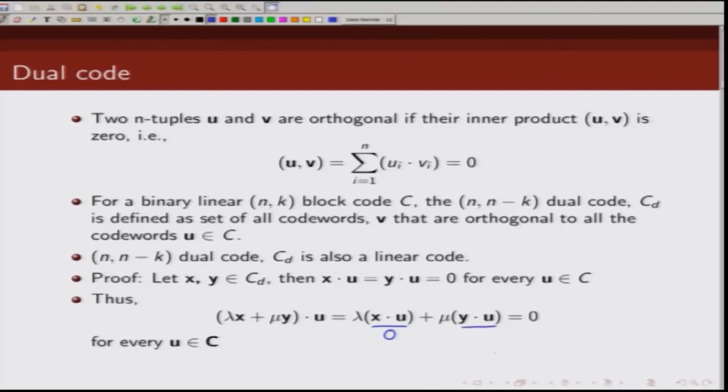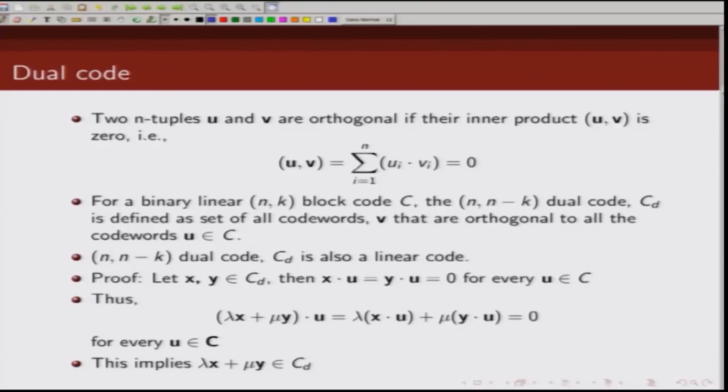Similarly, y dot u is also 0. Hence, we can write (lambda x plus mu y) dot product with the code word u is also 0. So, we have shown that if our original (n,k) block code is linear, the dual code is also linear.